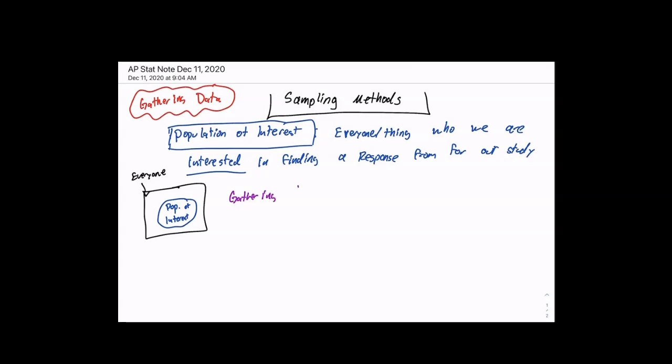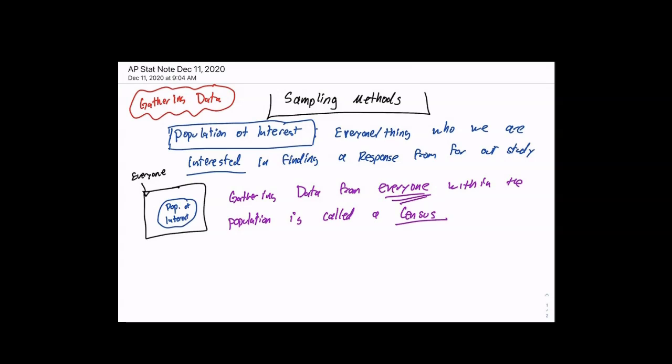Gathering data from everyone within the population is called a census. So if you were to collect data from everyone that you're interested in, that's called a census. As you know, they just closed it up, we were taking the U.S. Census on the population.